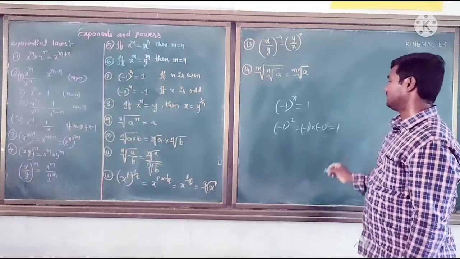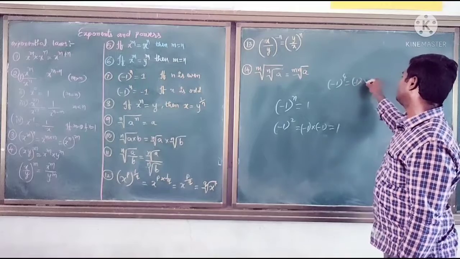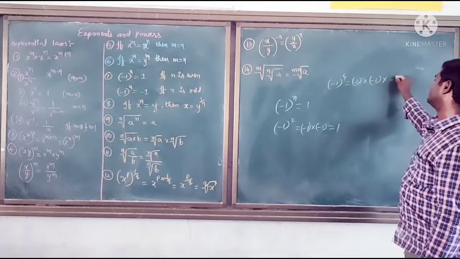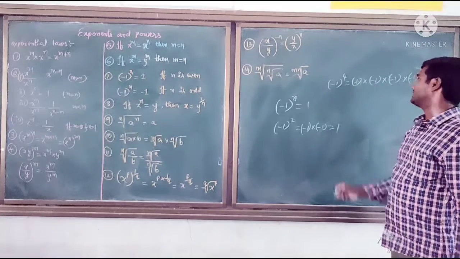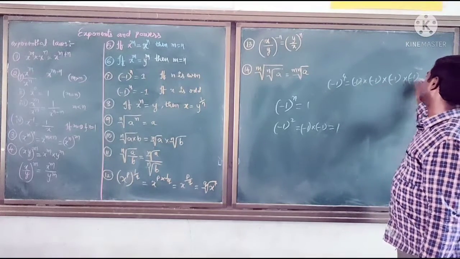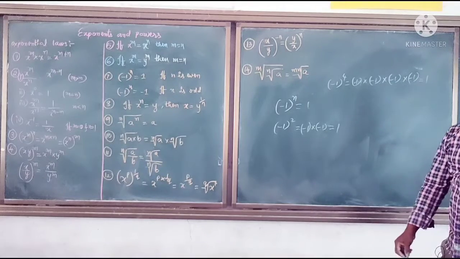And if we take minus 1 whole power 4, so minus 1 into minus 1 into minus 1 into minus 1. Minus into minus, plus, minus into minus, plus, plus into plus only will come. 1 into 1 into 1 into 1 only we will get.